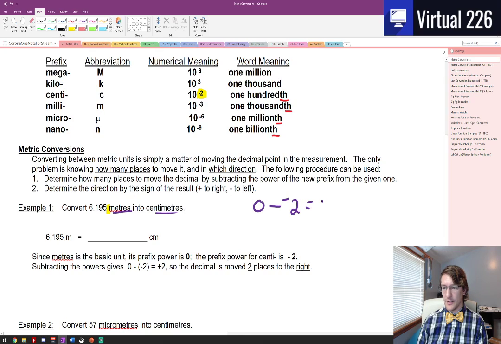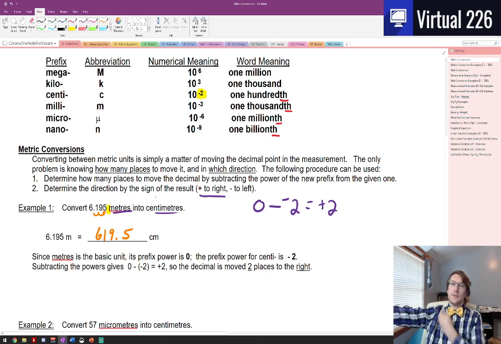Well, 0 minus negative 2 is positive 2, so that means that we're going to move the decimal point 2 places, and since it's a positive number, to the right. So here's our decimal place, 1, 2. This is going to become 619.5 centimeters. And that makes sense because a meter is about the length of your arm. That's 100 centimeters there. So if we've got 6 lengths of your arm, that's 619 centimeters. Okay, and so this is how it works out here.